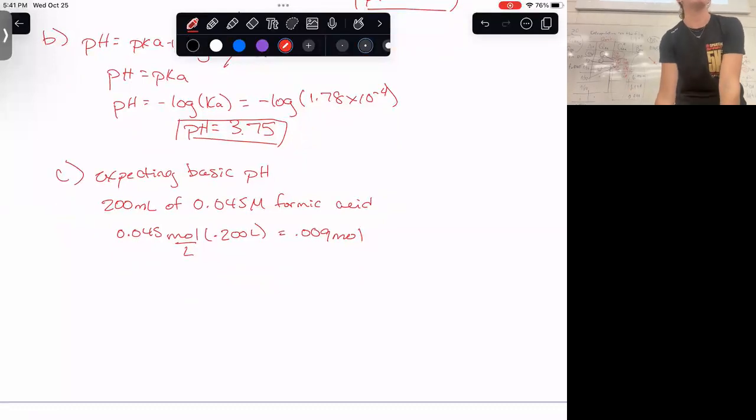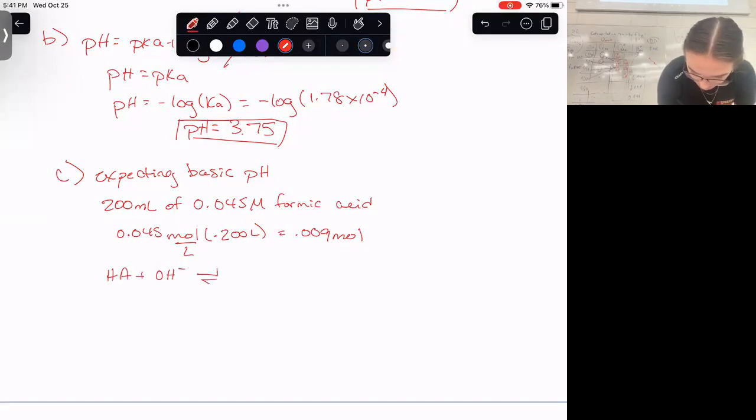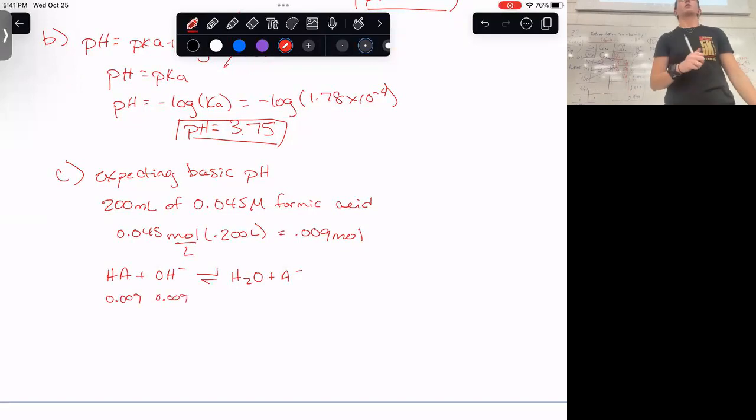So if we were to write out a reaction, your weak acid and your strong base now form water and your conjugate base. We are starting off with 0.009 of both. They're equal, both considered the limiting reactant. All of your reactants will be used to form your products. So all of this turns into 0.009 moles of your conjugate base.